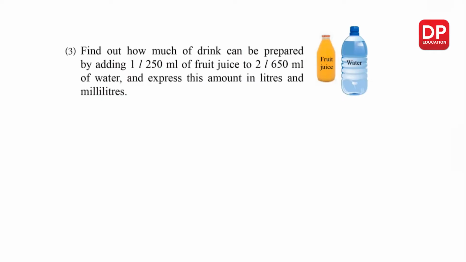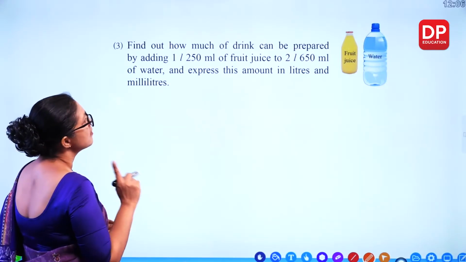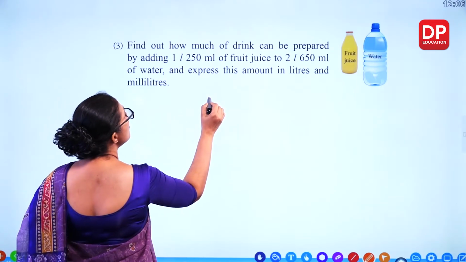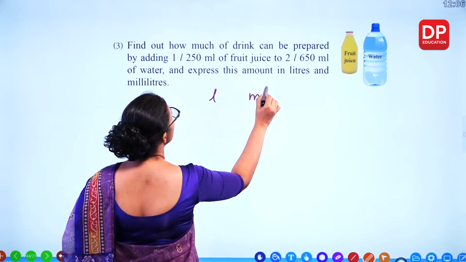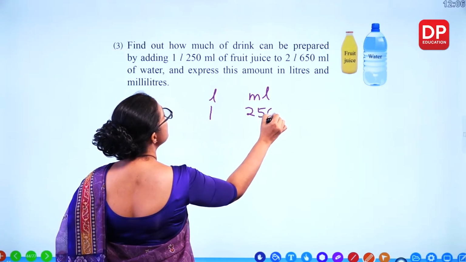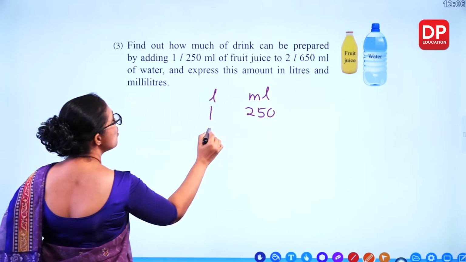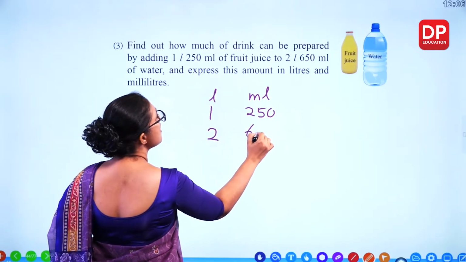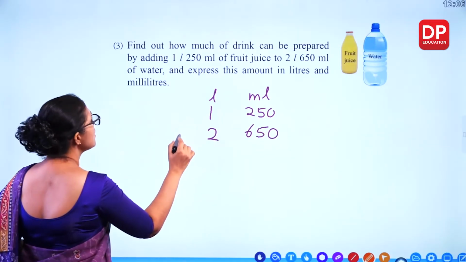Question number 3. Find out how much drink can be prepared by adding 1 liter 250 milliliters of fruit juice to 2 liters and 650 milliliters of water.